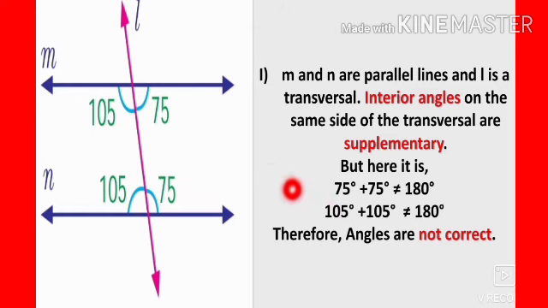Here when we add 105 and 105 we get 210, which is not equal to 180 degree. And when we add 75 degree and 75 degree we get 150, which is not equal to 180 degree. So here Anbu has marked the angles in the wrong way. So the angles are not correct.